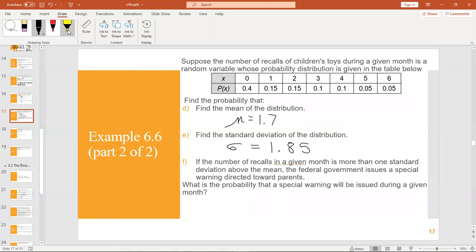So we do 1 standard deviation above the mean. The mean is 1.7, and then we add 1 standard deviation to that, which is 1.85. If we add those up, 1.7 plus 1.85, that is 3.55.